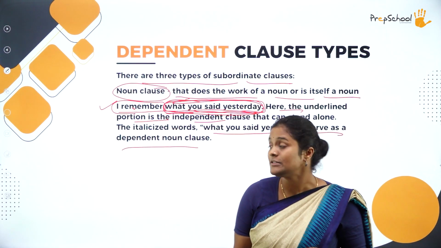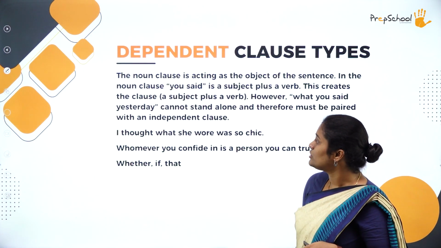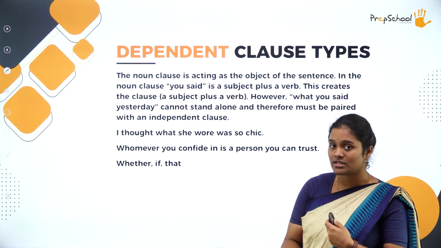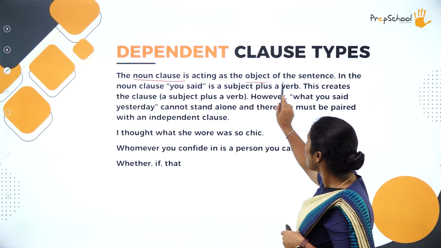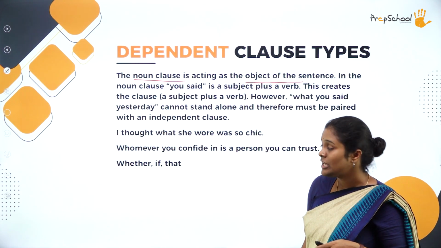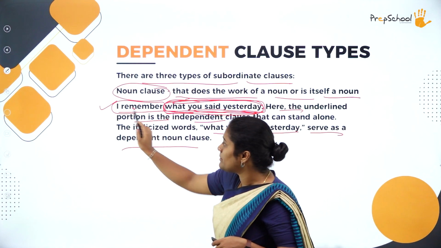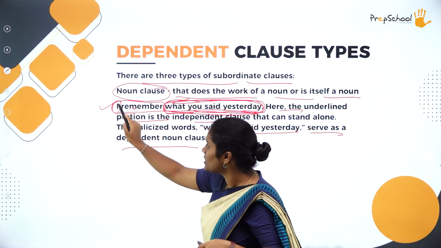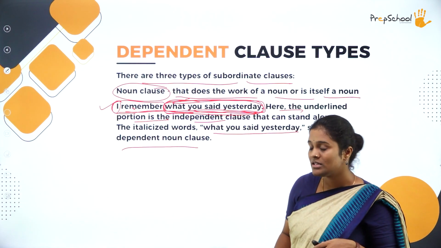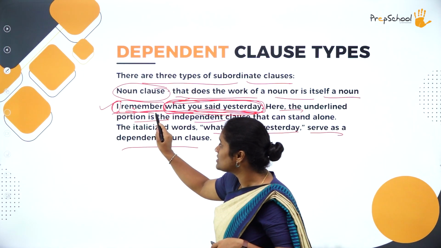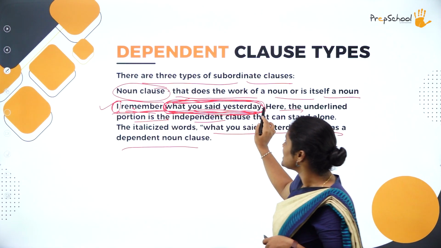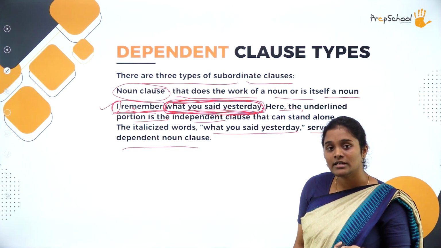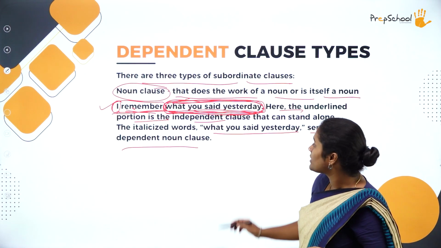I hope that's clear. Next, moving forward, let's elaborate on it. The noun clause is acting as the object of the sentence. If you go back, I remember. There's a person, the subject, that remembers. Okay, the subject is over, the verb is also over. This one over here, the noun clause, is acting as the object. It can also happen. Alright.